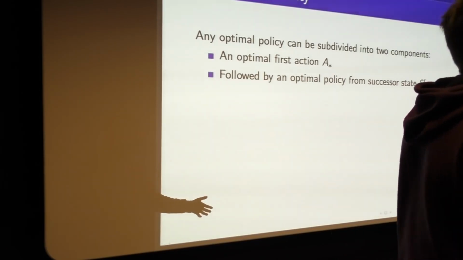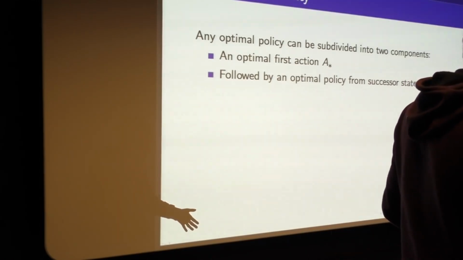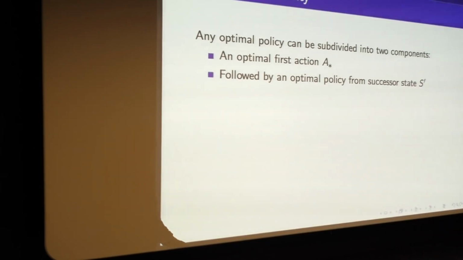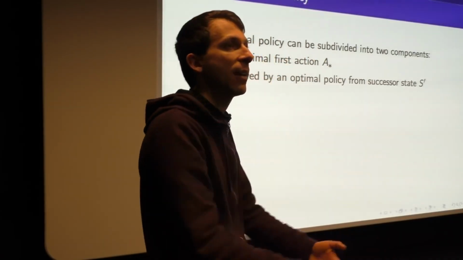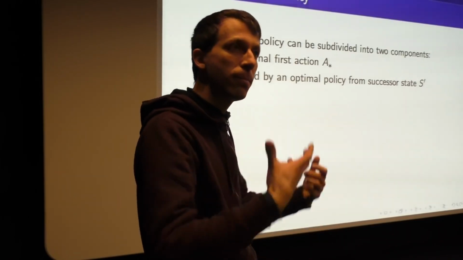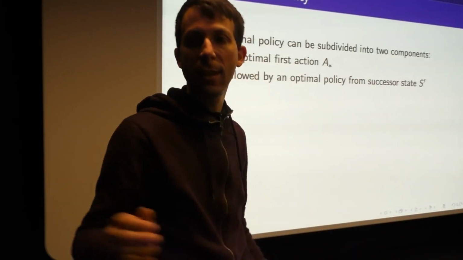So we can break down our description of what it means to have an optimal policy in terms of finding the optimal policy from all the states that you could end up in. Once you do that, you then just need to do this one-step look ahead, figure out what the best first action you could have taken is, and you're done. So this is the principle of optimality applied to policies. You don't need to consider the whole problem at once, you can break it down into these sub-pieces.